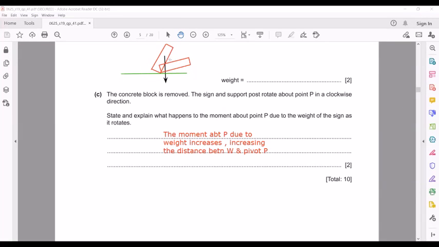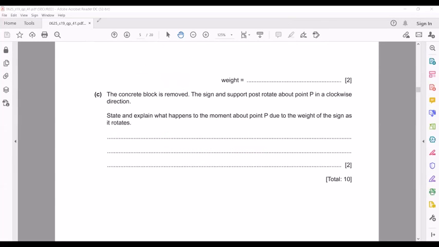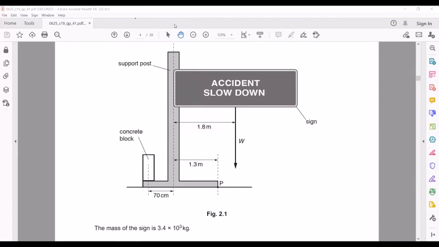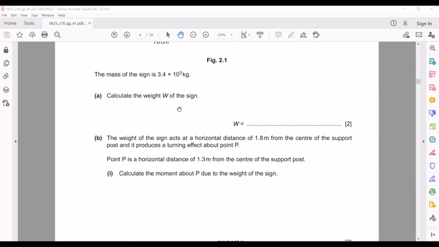So you can clearly see, when I show an arrow to represent the weight, the distance between the pivot and the weight increases. So that's why the moment continues to increase. In the beginning, in both cases, the resultant moment is in a clockwise direction, but that continues to increase as the distance from the point of rotation, the pivot, is increasing. The same thing happens for this sign as well. As it topples, the distance between the weight and the pivot P increases. That's why the clockwise moment will increase.